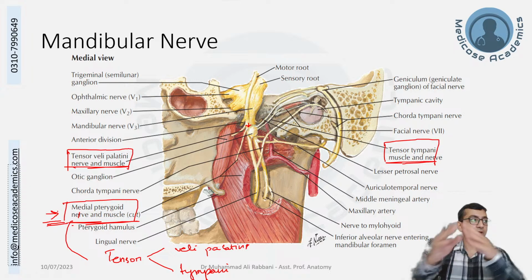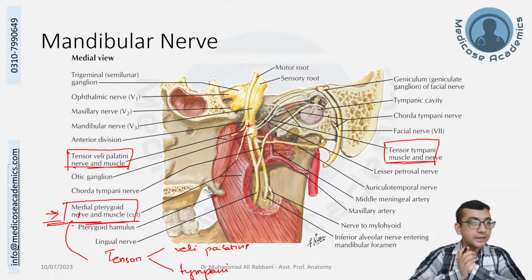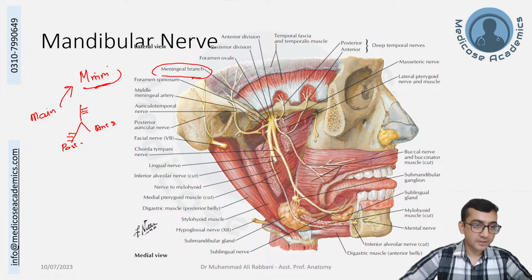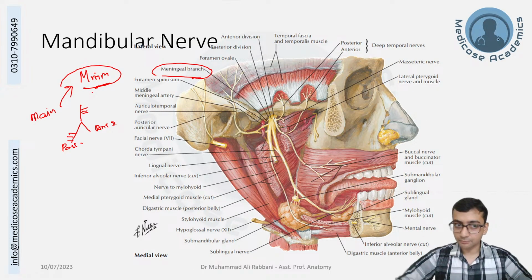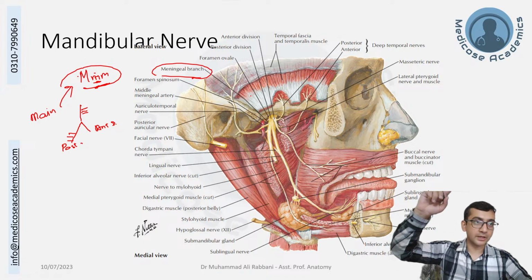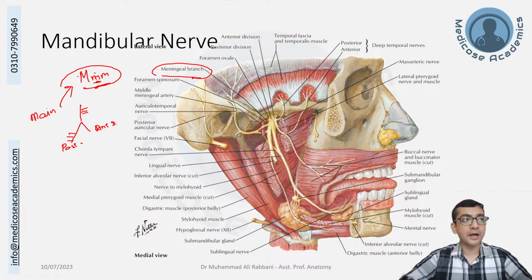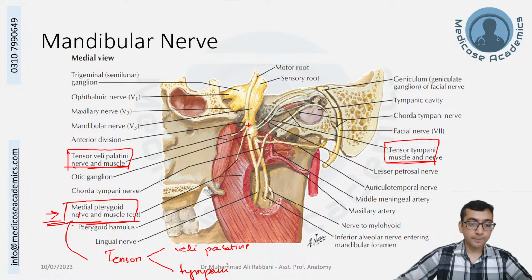So we just discussed the main trunk of the mandibular nerve. The mnemonic I discussed was: the mandibular main trunk has a meningeal branch that goes back through the foramen ovale and supplies the area, and the second one was the medial pterygoid nerve that is supplying the medial pterygoid muscle.